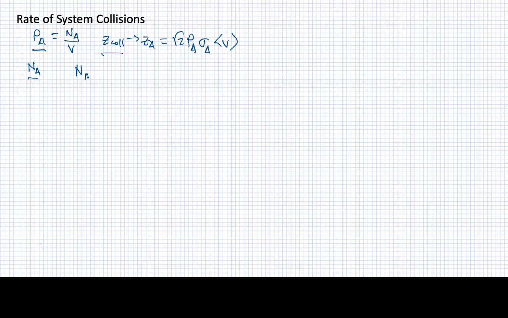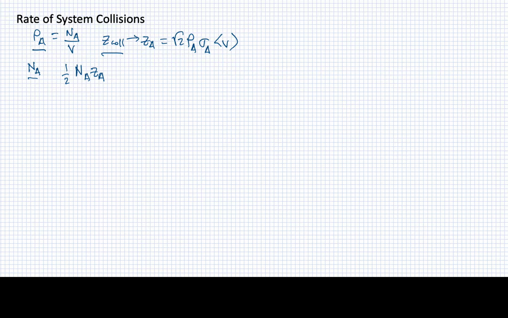So I should have a collision rate that looks something like this. But I should also point out that when I do that, I'm double counting the collisions because every molecule has to collide with another one, so I've counted them for each individual molecule. So when I correct for that, it means that I really need to have this many molecules colliding.